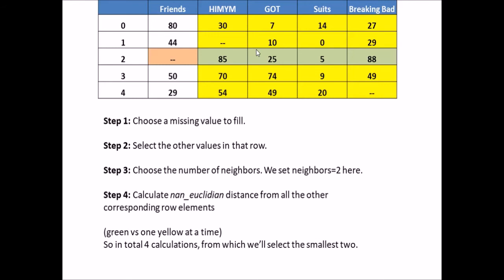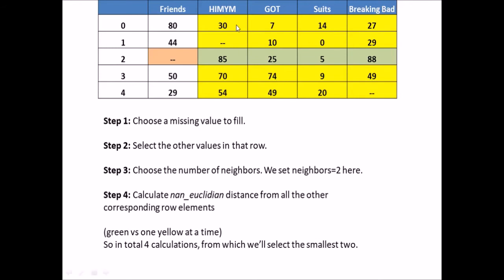Okay, so the smaller the distance between two particular rows, the more similar their tastes are. Okay, it is quite logical also, because if some values are similar, that would mean that they have similar taste. So basically we are going to go from one green to one yellow at a time. So we'll have done 4 calculations by the end of this example.